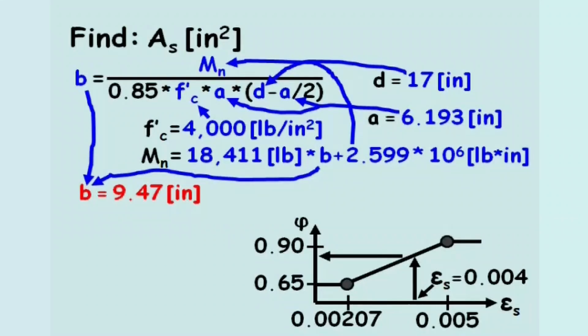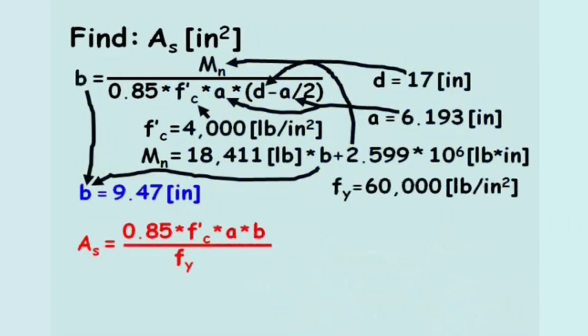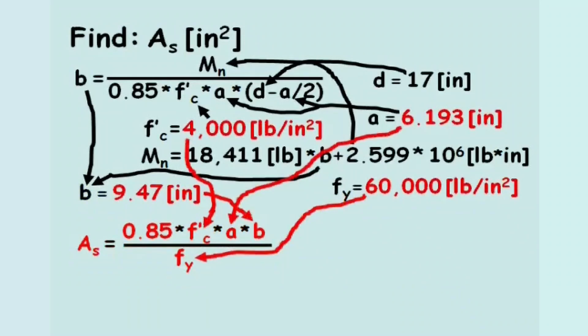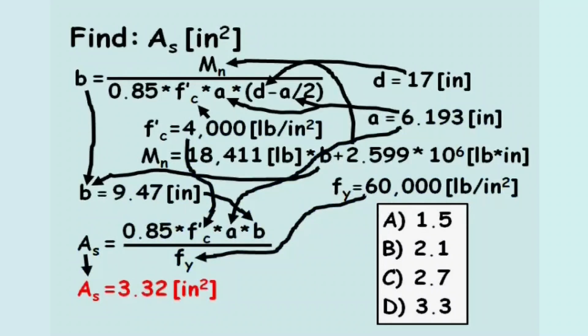Now that we have the beam width, we can solve for the area of steel in the beam. After plugging in the appropriate variables, the area of steel equals 3.32 inches squared. When reviewing the possible solutions, the answer is D.